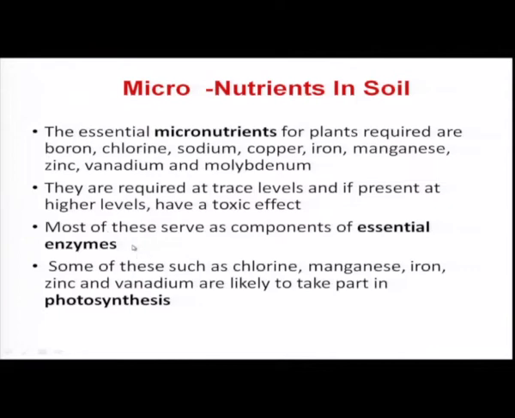That is a very significant one. And some of these elements like chlorine, manganese, iron, zinc and vanadium are likely to take part in photosynthesis reaction of plants, through which the plant synthesizes the carbohydrate material from carbon dioxide with the help of sunlight.